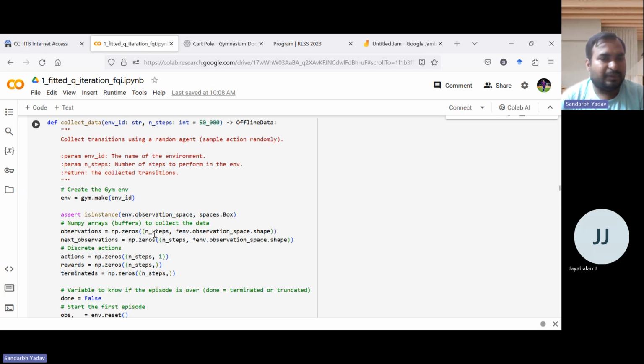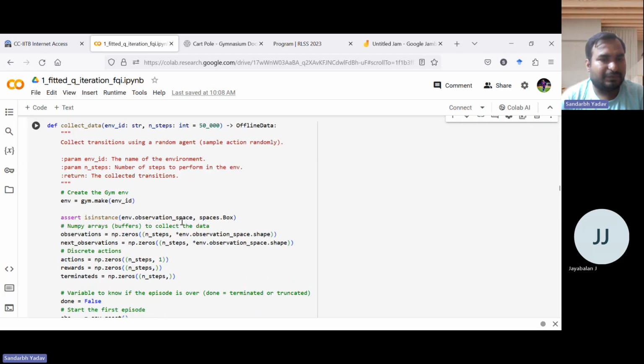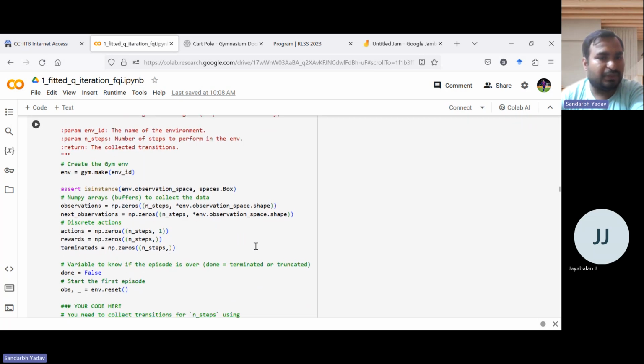So essentially we will be taking around 50,000 steps, so this will be the first dimension of this array. Secondly, for each step we will have four values. Remember those: position, velocity, angular velocity, and angle. So all four we will need. So it will be 50,000 into four. This will also be a 50,000 into four array.